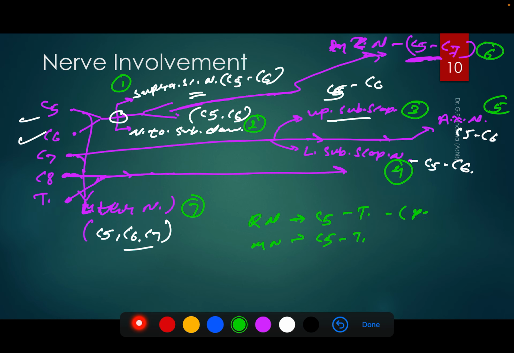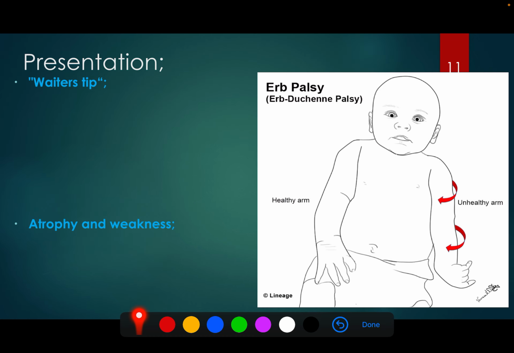So it is also involved partially, right? So these are the nerves involved, and we have to know this partial involvement, right? Here also partial involvement, this is full involvement, right? This is also full, this is also full involvement, because they have C5 C6 root values.